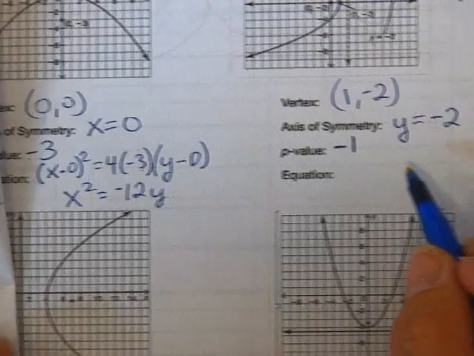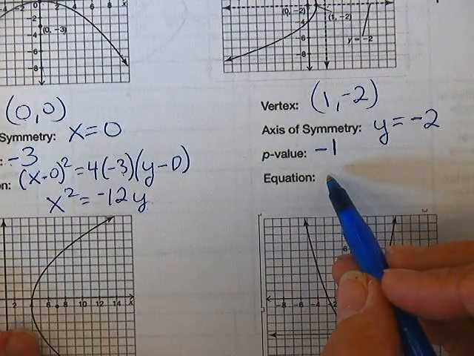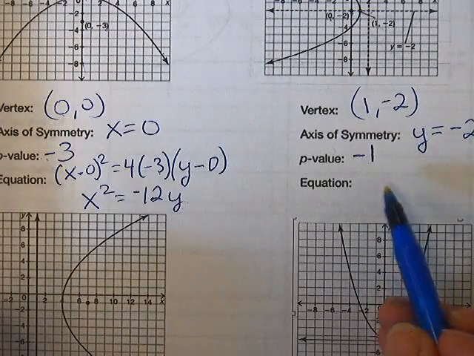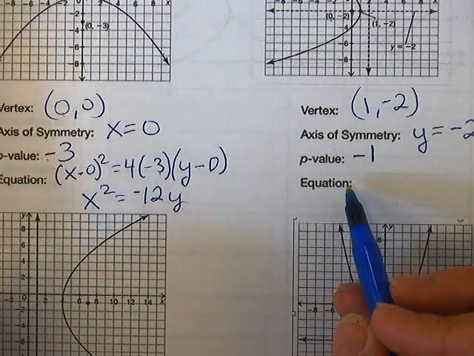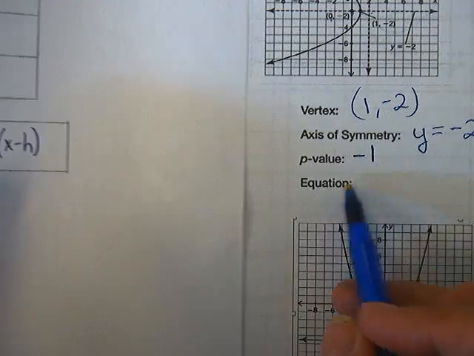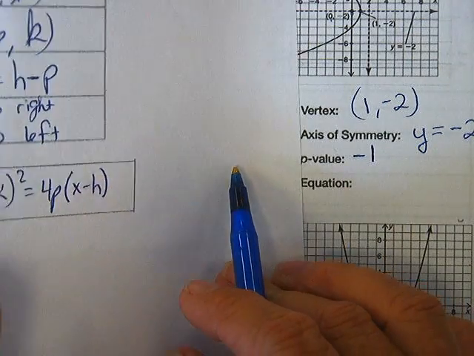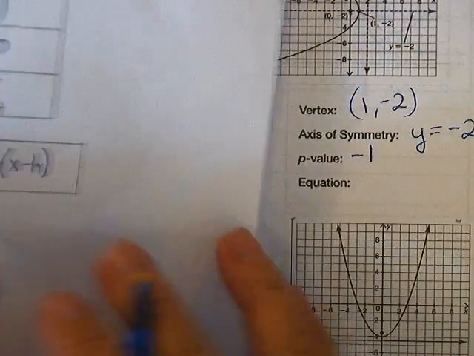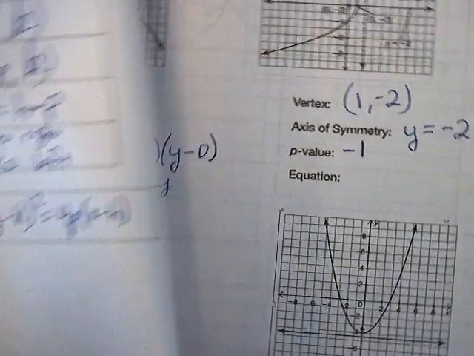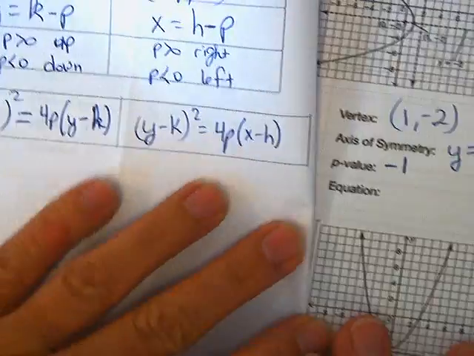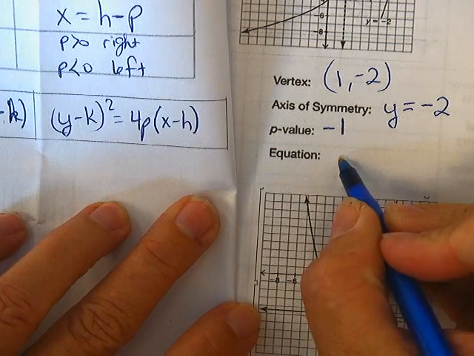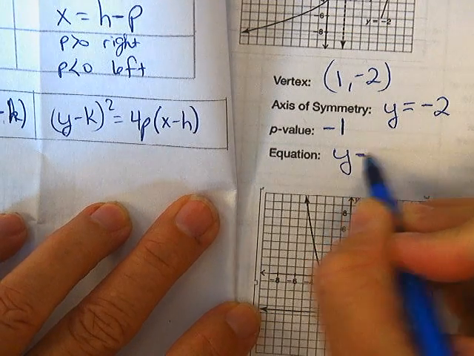Okay, in our equation, this one is horizontal, so instead of having the x squared, I'm going to have the y squared equation. So if we bring that a little bit closer. Oh, it doesn't quite fit, does it? There we go. Okay, so our equation is going to be y minus k.